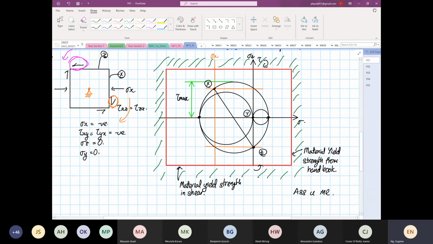So the outermost circle is the circle for the XZ plane. Now don't worry about this, I'm just giving you a flavor of 3D Mohr circle. This one is for your YZ plane.